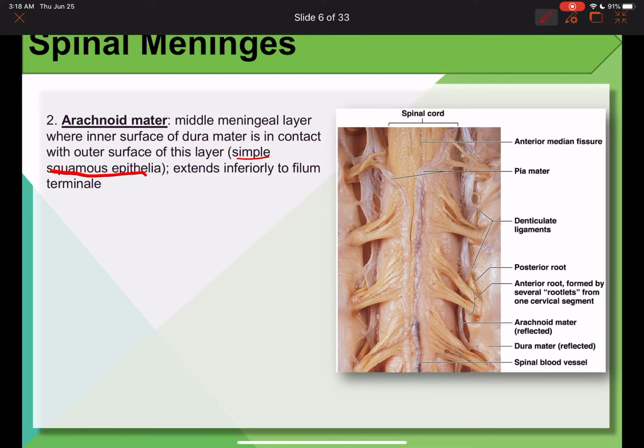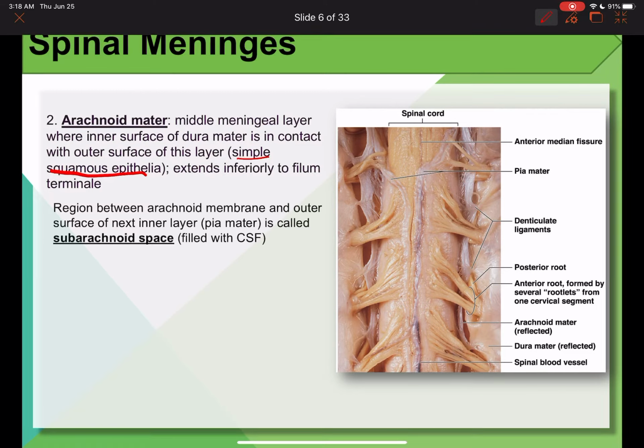And again, there is that same subarachnoid space between the arachnoid mater and the innermost layer, called the pia mater, that we'll talk about very soon, for the cerebrospinal fluid to circulate through. So cerebrospinal fluid circulates through the subarachnoid space, not the epidural space.